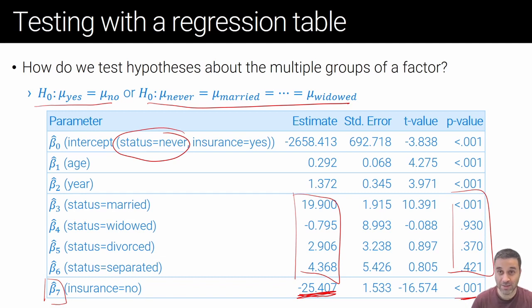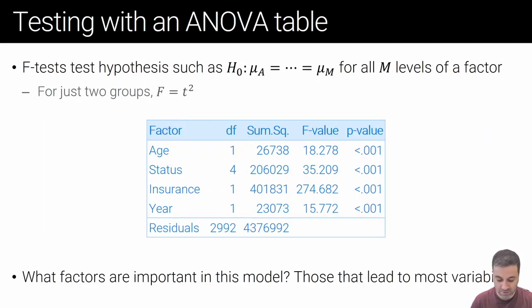So what does the ANOVA table look like? It looks something like this. So now, first, the difference between regression and ANOVA tables. In this case, we don't have each of the individual coefficients of the model. We have each of the factors of the model. So for instance, for marital status, we only have one row.